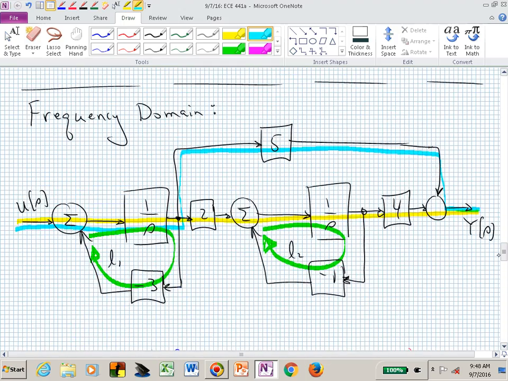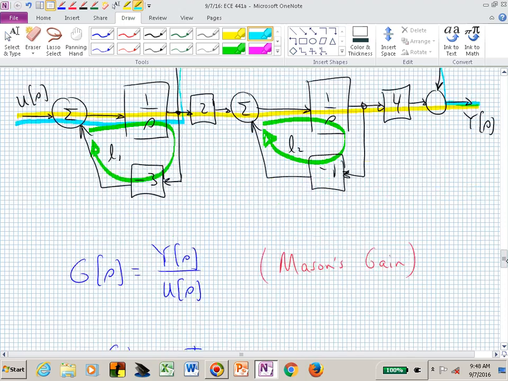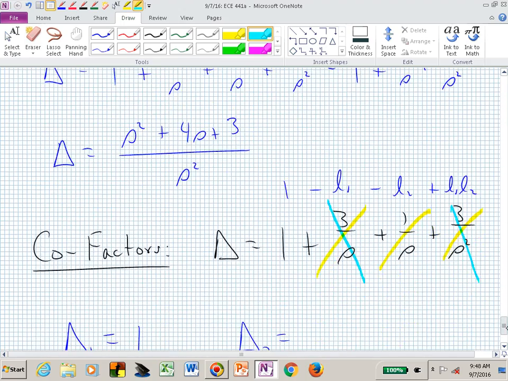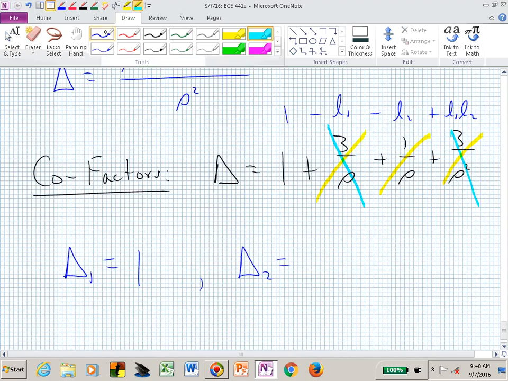If I eliminate or virtually erase path 2, did that disconnect loop 2? No, so I keep loop 2, and if anything else was remaining, so now in this cofactor, I have 1 plus 1 over s. Those are my cofactors. You have one cofactor for each path. And the cofactors are found by eliminating the path, and if that disconnects any of your loops, you get rid of those from your determinant expression.